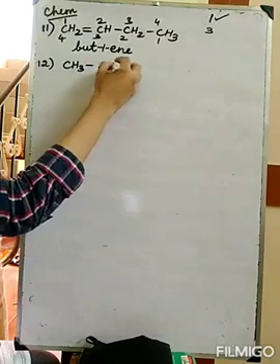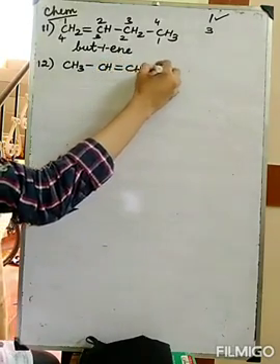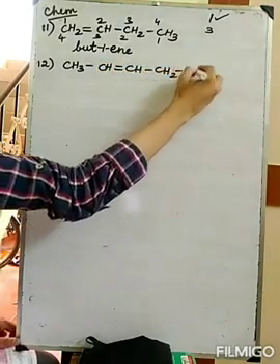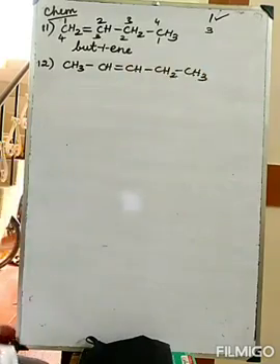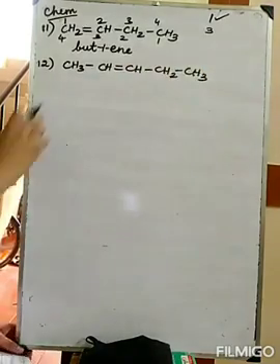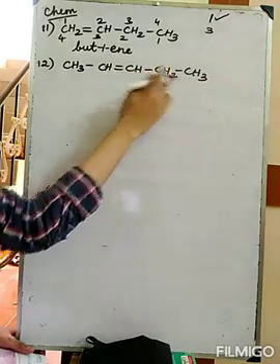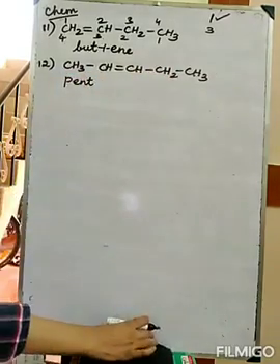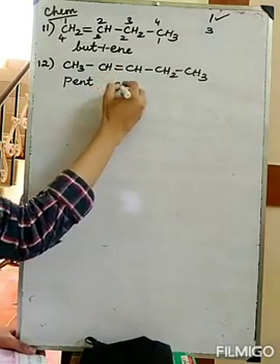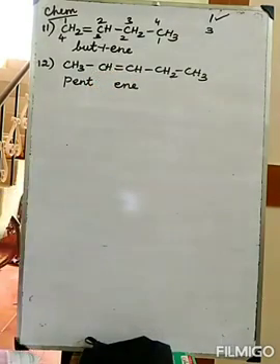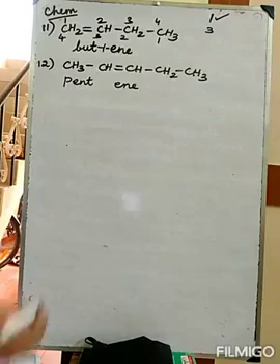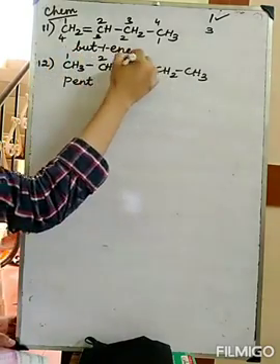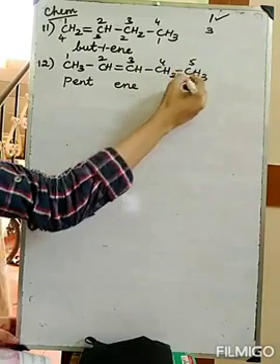CH3-CH=CH-CH2-CH3. How many carbons are there? 1, 2, 3, 4, 5. 5 carbons means the prefix is pent. Double bond is present, so ene. Now you have to mention the position of the double bond. 1, 2, 3, 4, 5.